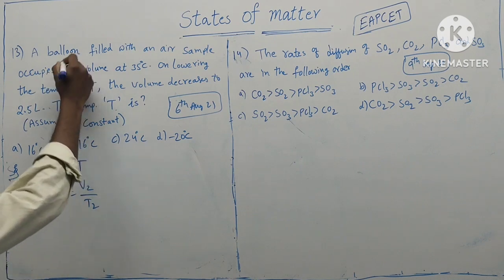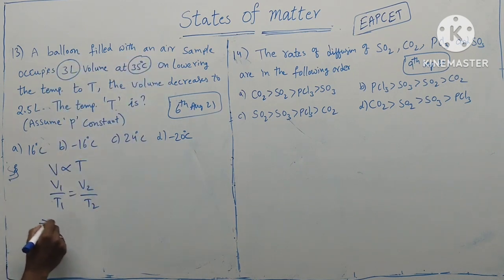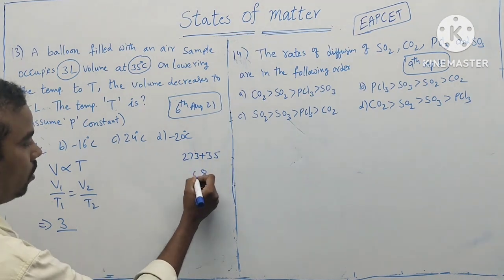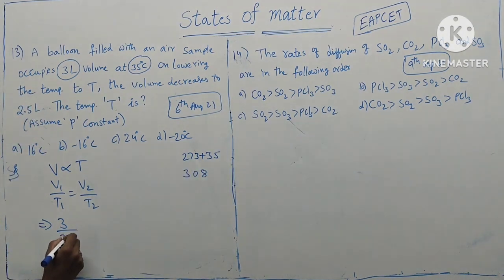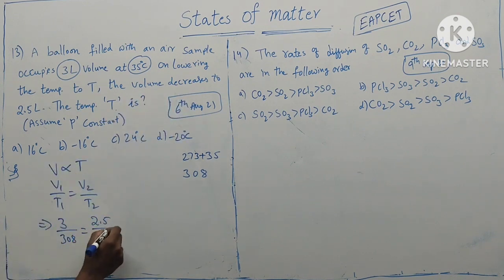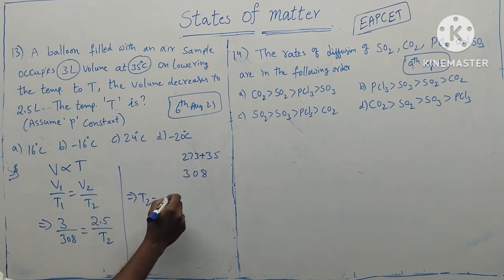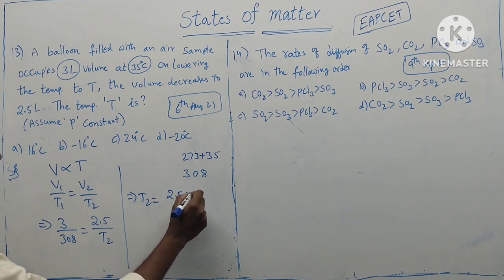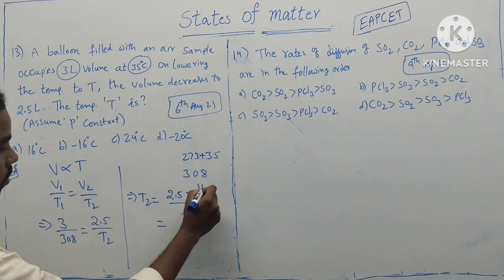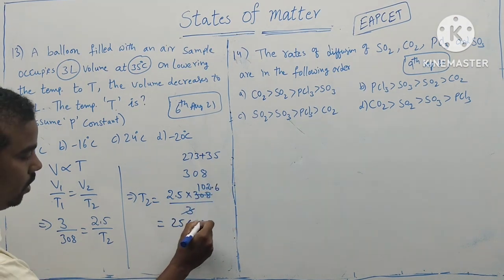So first volume 3 liters at 35 degrees centigrade. So that means 3 by 273 plus 35, that is 308, equal to V2 by T2. The volume decreases to 2.5, so 2.5 by T2. That implies T2 is equal to 2.5 into 308 by 3, which is 256.6.